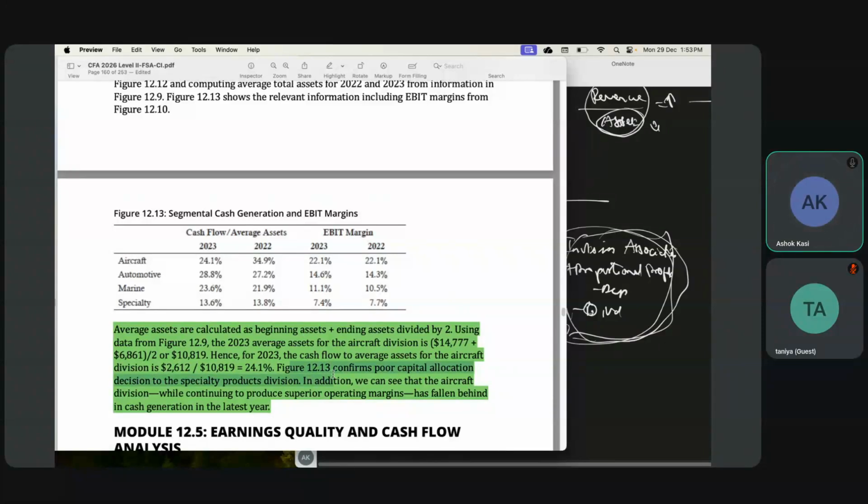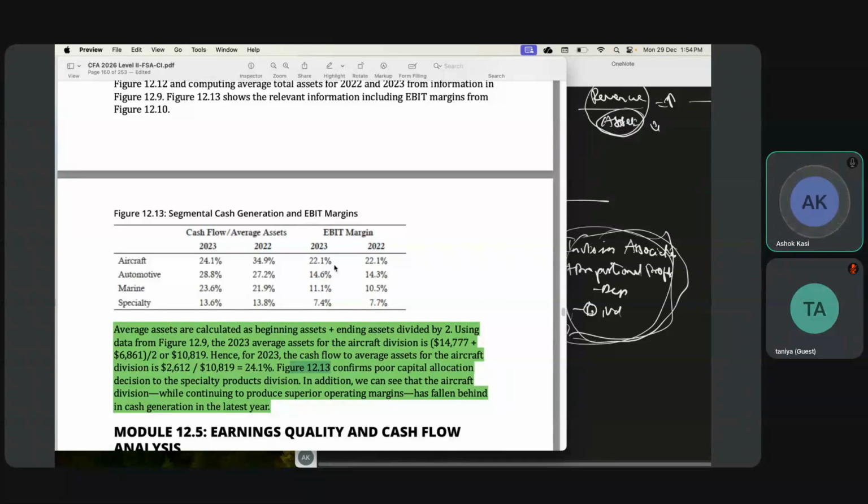Figure 12.13 confirms. So cash flow and EBIT margin. So this is, okay, you have spent 13.6 percent of cash flow to assets. Poor capital allocation decision to the specialty products.